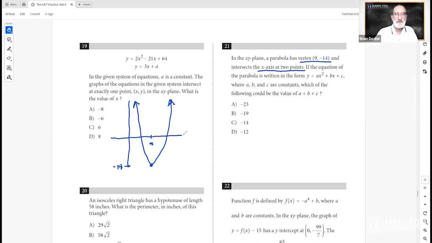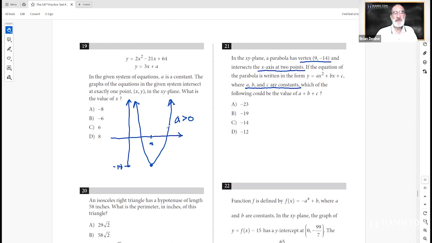Got to open up. And the equation, if it's written in the form y equals ax squared plus bx plus c, where a, b, and c are constants, well, we know right away that a's got to be positive. We know that right away.